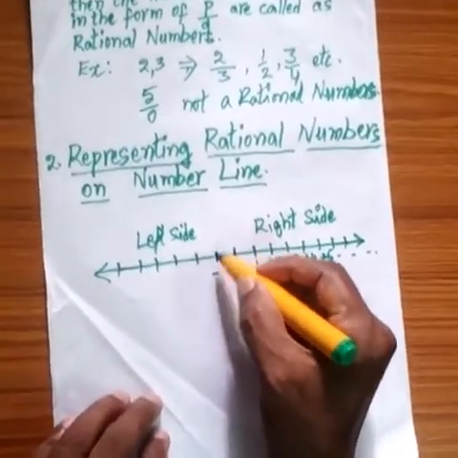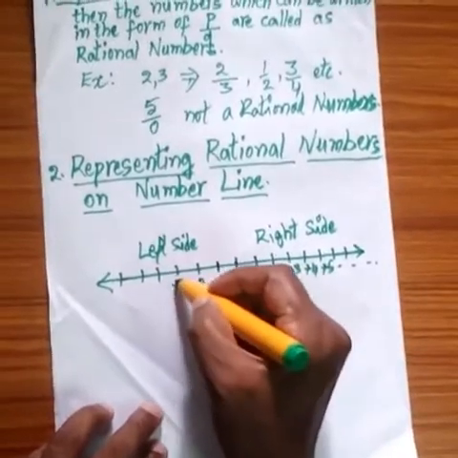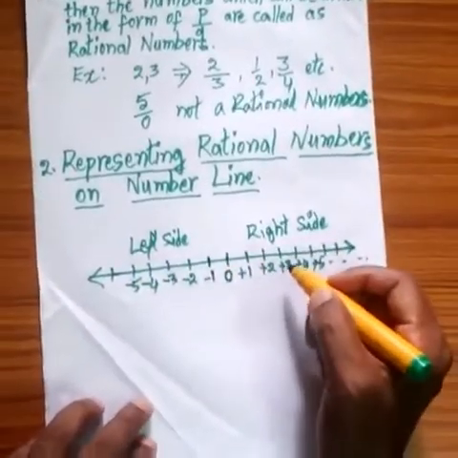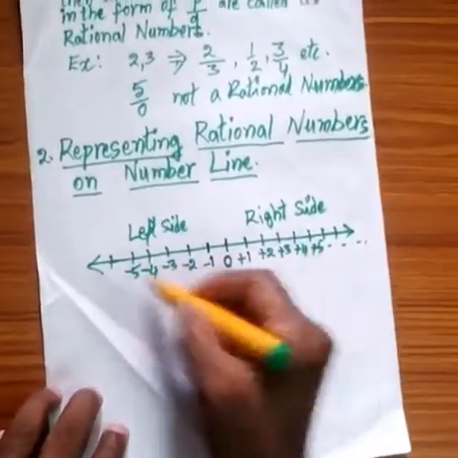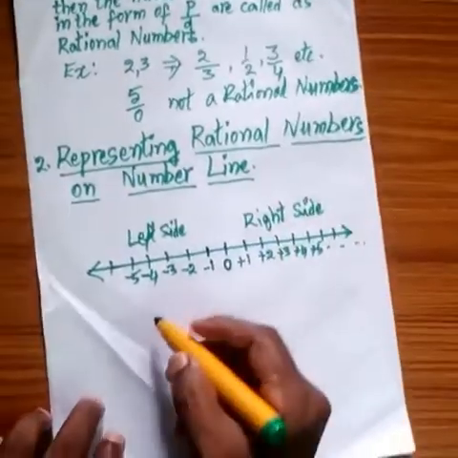That is, this line indicates -1 and this indicates -2, -3, -4, -5, etc. But these are integers, and we are going to represent rational numbers on the number line.